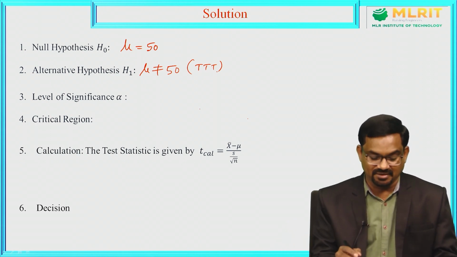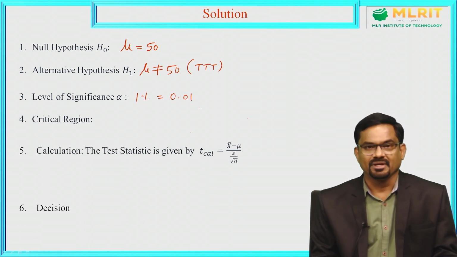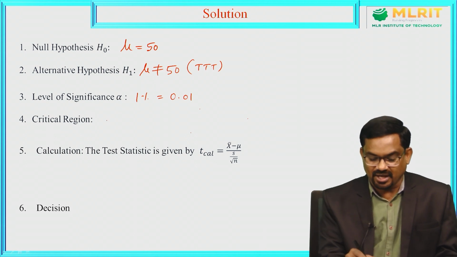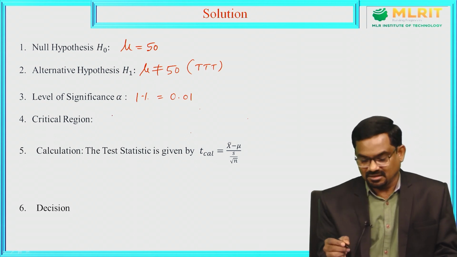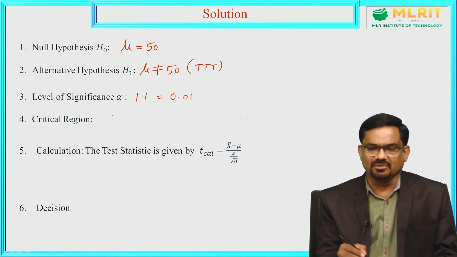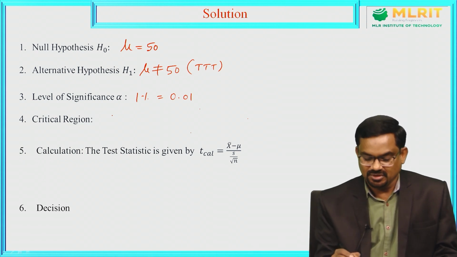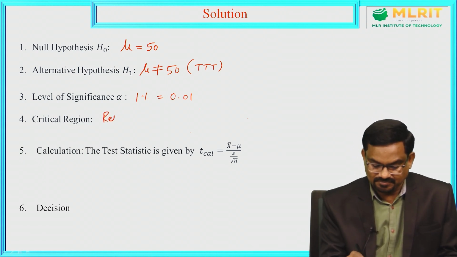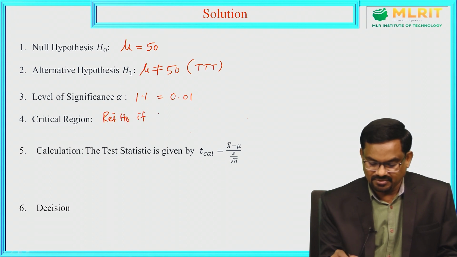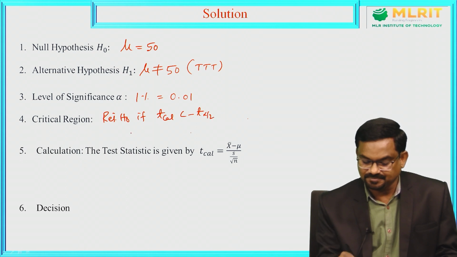Now the level of significance is given as 1%, which is 0.01. In the not equal to type critical region, we have to compare the calculated value and tabular values. If the calculated value is negative, compare with the negative tabular value. If it is positive, compare with the positive tabular value. So reject H naught if T calculated is less than minus T alpha by 2, or T calculated is greater than T alpha by 2.